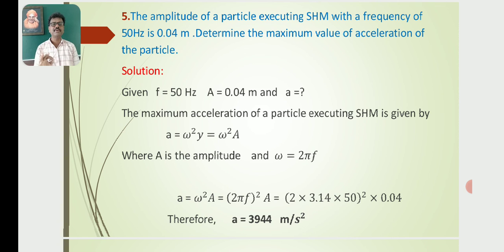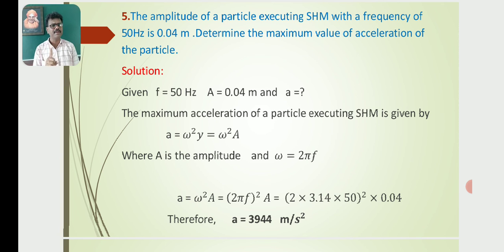Then a is equal to omega square y, we are neglecting the negative sign, where y can be replaced by A, which is equal to omega square A, where A is the amplitude and omega is equal to 2 pi f. Then a is equal to omega square A, which is equal to 2 pi f whole square, where omega can be replaced by 2 pi f.